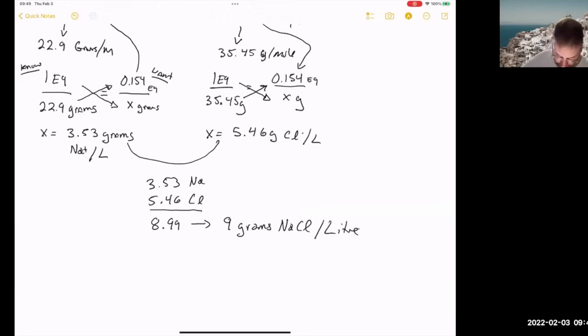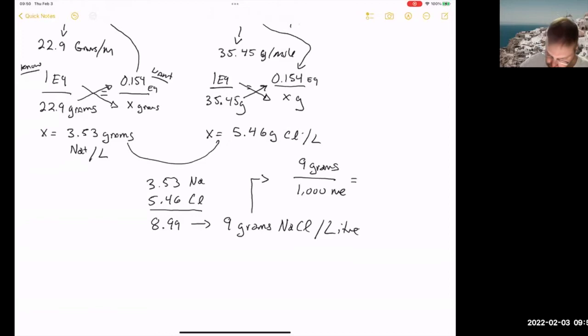All right. So 9 grams. So I have 9 grams in 1,000 milliliters. So what's 9 divided by 1,000?